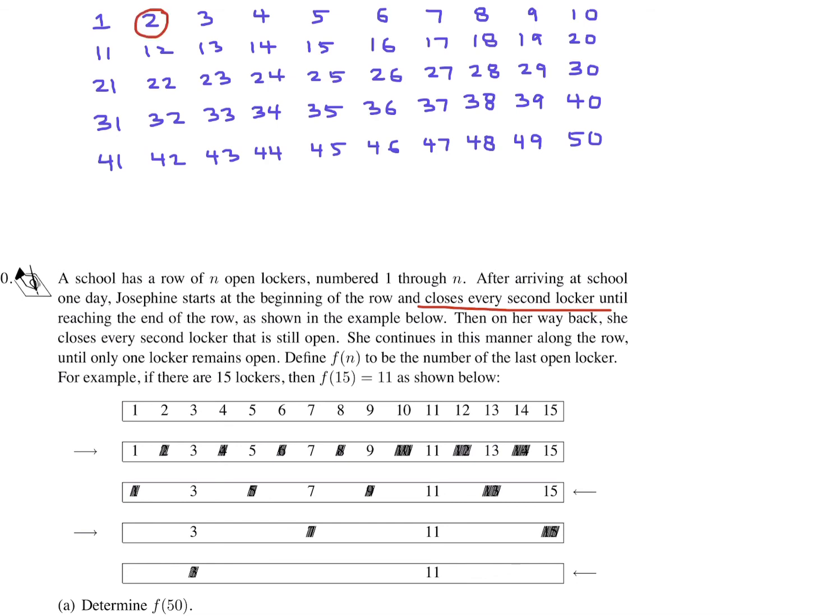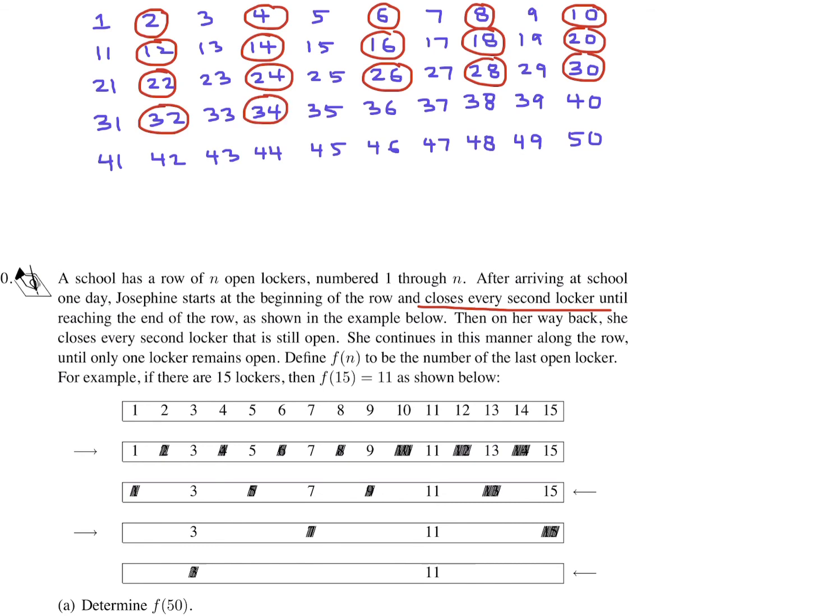So 2, 4, 6, 8, 10, 12, 14, 16, 18, 20, 22, 24, 26, 28, 30, 32, 34, 36, 38, 40, 42, 44, 46, 48, 50. All right, I got to the end. Now I'm going to go in the other direction, and I'm going to close every second locker.